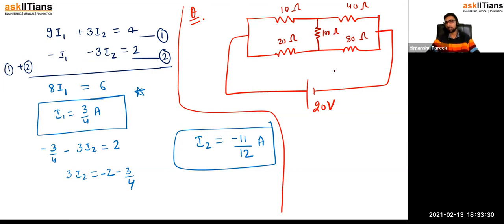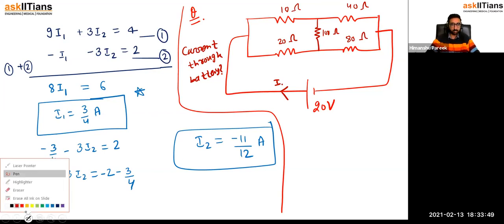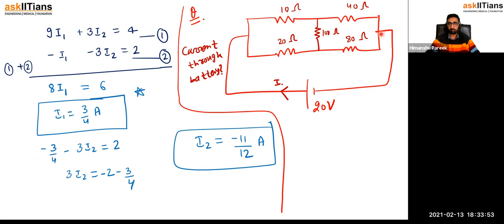So that is the circuit given to us. The question is find out the current through the battery. Current through the battery means basically this current. So guys, see one thing. Now this branch is connected from here. From here, it is connected with the battery. Now you can see only this part of the circuit is there.